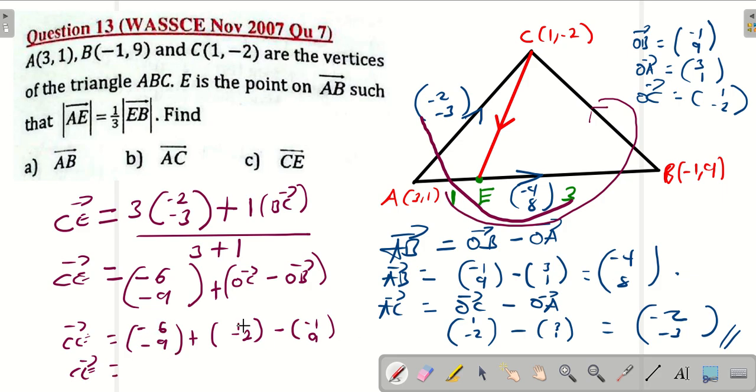Negative 6 plus 1 is what? Negative 4. Then negative 9 minus 2 is negative 11, minus 9 is negative 20. And that is our C. So our C is negative 4, negative 20.